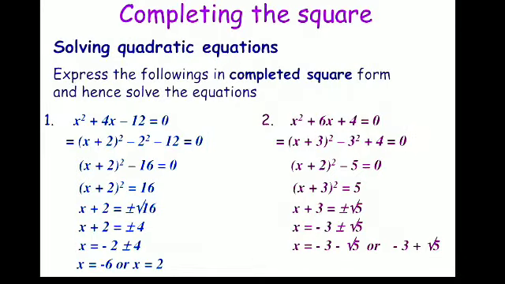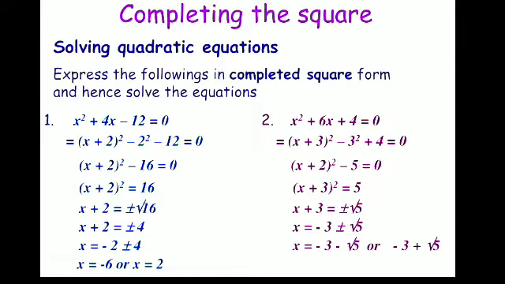Now see, completing the square. One illustrated example. Express the following in completed square form and hence solve the equations. Now x squared plus 4x minus 12 is the given quadratic equation. Now (x plus 2) whole squared minus 2 squared minus 12 equal to 0.